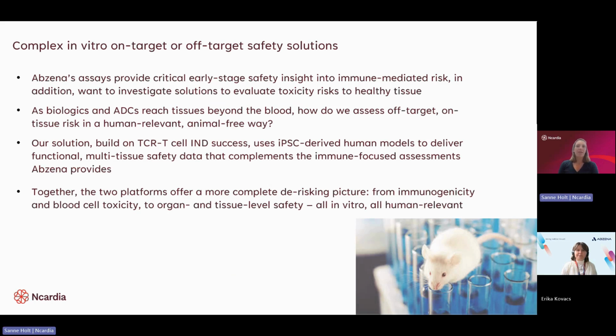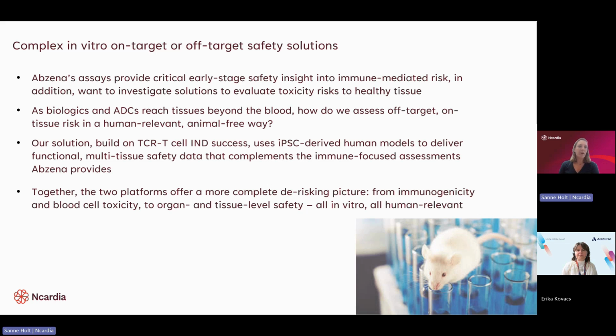Erika very nicely walked you through Abzena's toolkit for immune-mediated risks for ADCs or antibody-derived drugs. These are fully essential assessments which cover the immune side of the safety picture. And here I want to talk about an aspect in addition to that, which is the tissue part.